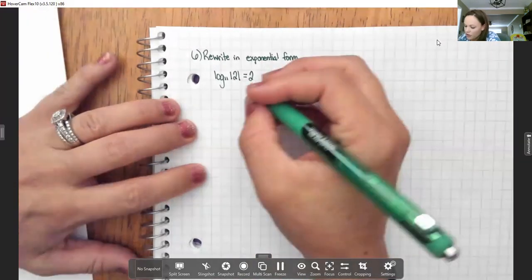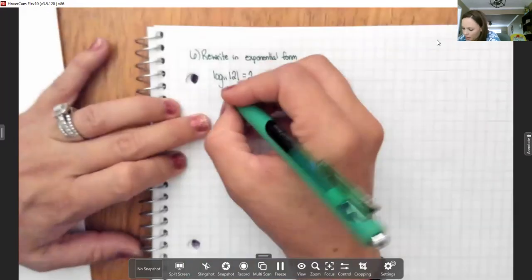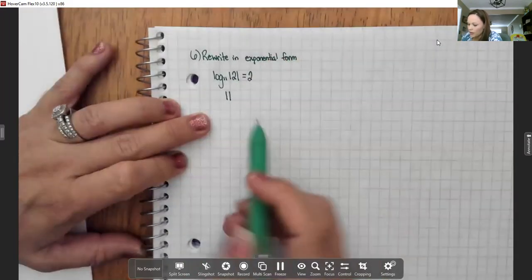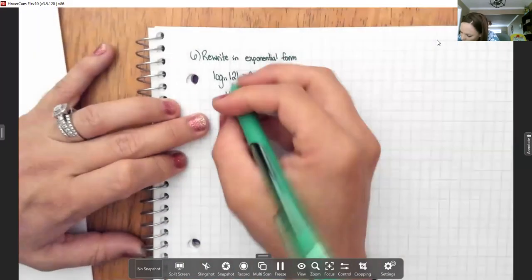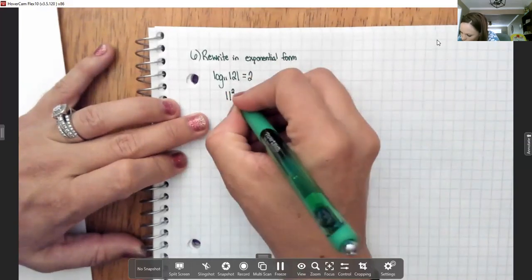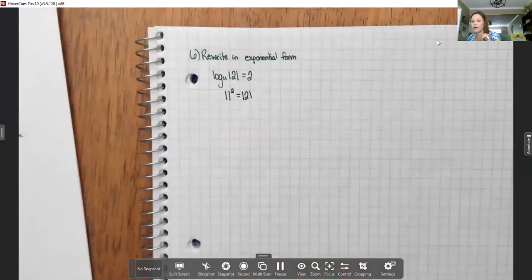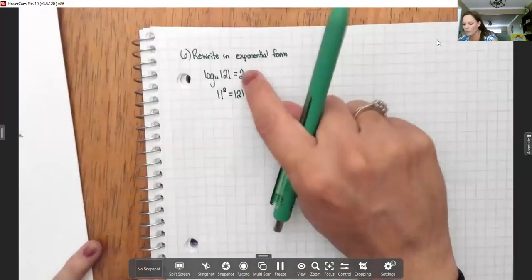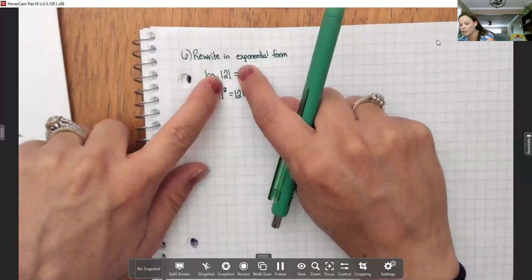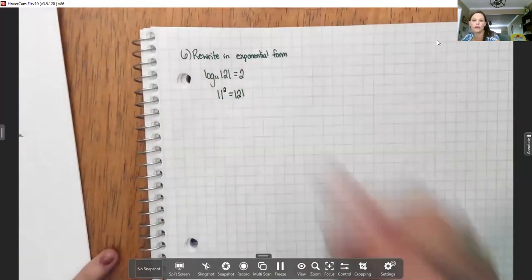So in the exponential form, the base of the log is the base. The number by itself becomes the exponent, equals 121. And we know that's true. 11 squared is 121. And that's how logs work. Remember, you're asking yourself, 11 to some power gives me 121.